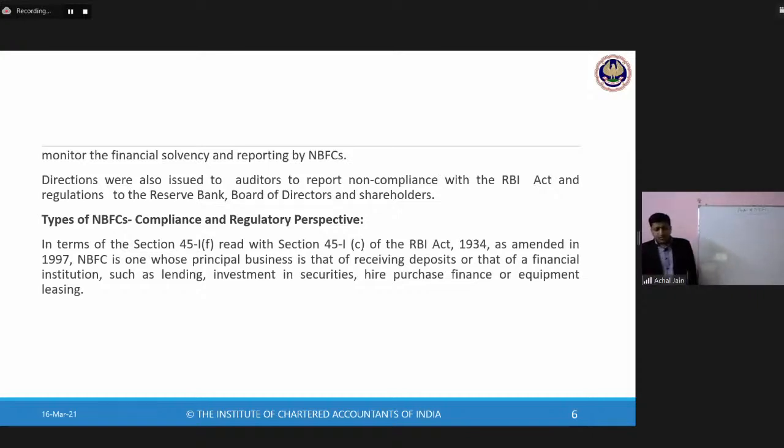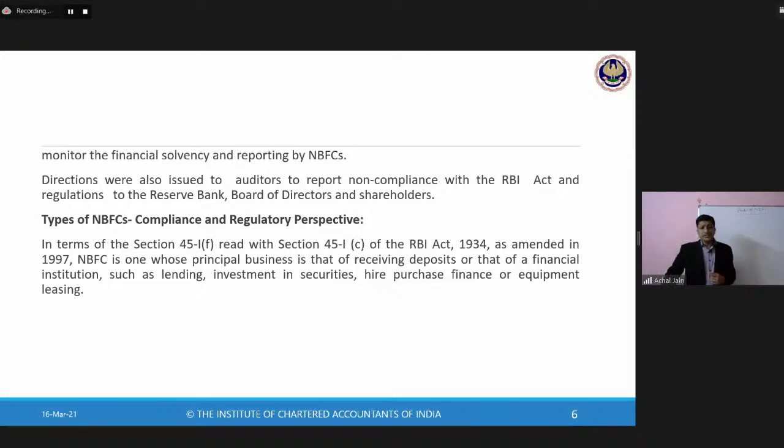And considering those regulations, various provisions related to NBFCs have been defined. Means how should they be registered, what will be the categories of the NBFCs, how those NBFCs will operate, what is the requirement in relation to the NBFCs in respect of keeping certain ratios, in respect of keeping certain assets, in respect of keeping certain liabilities, in respect of keeping certain reserves.